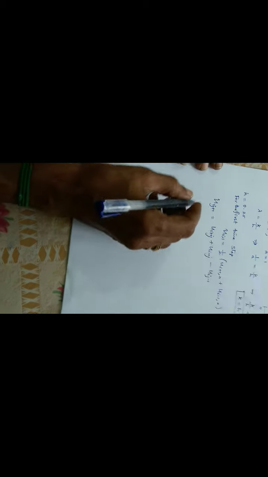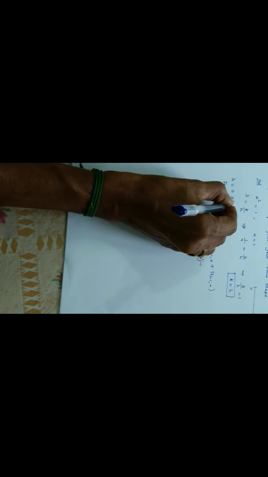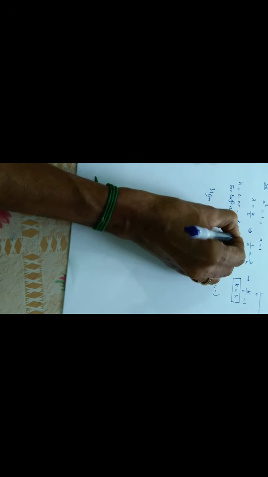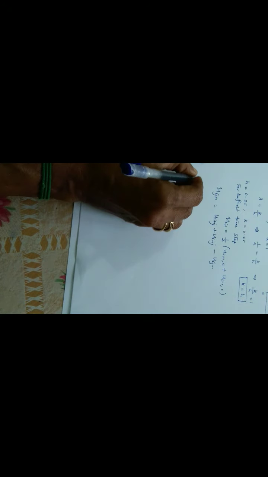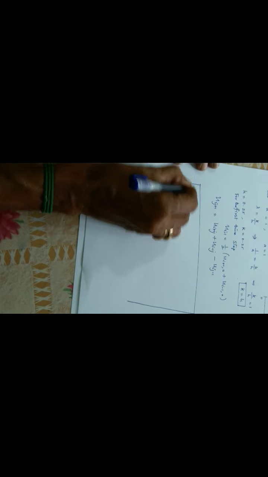Okay, so I'm going to form a table. Once you know h is the step size along the x direction and k is the step size along the time direction, both are equal.